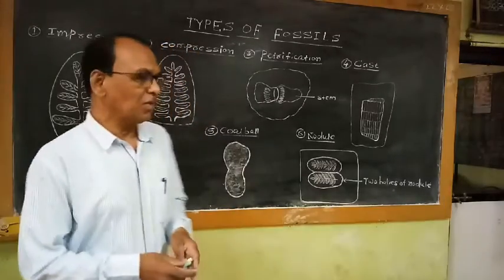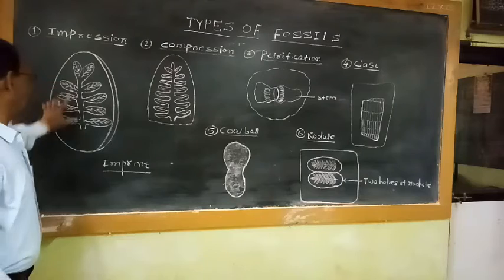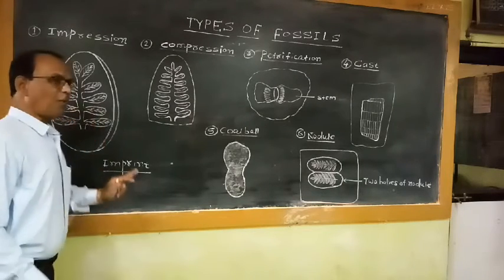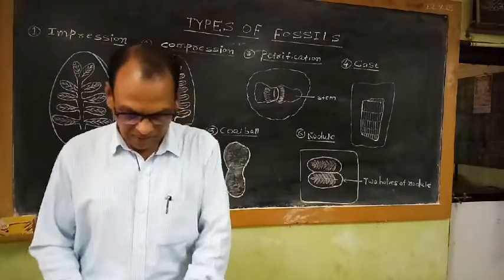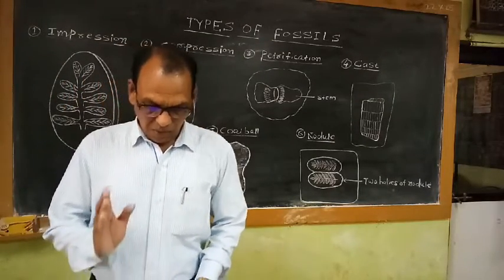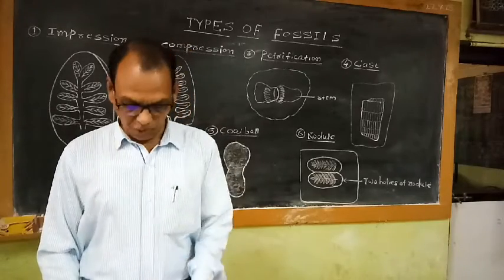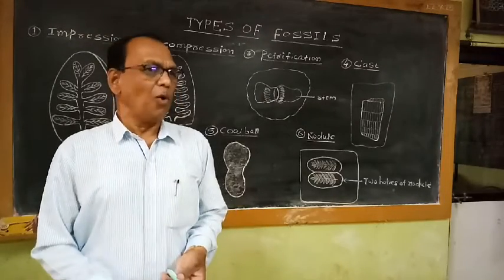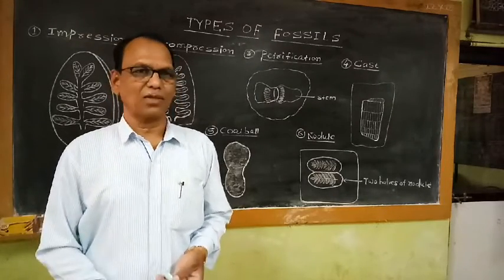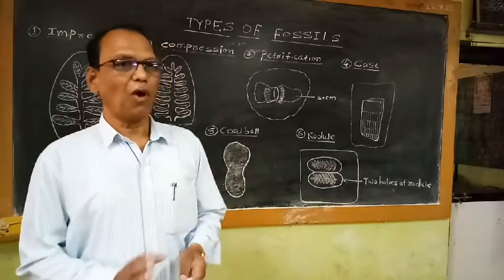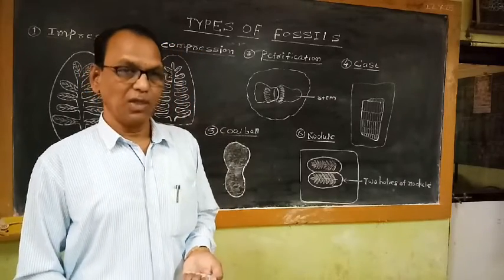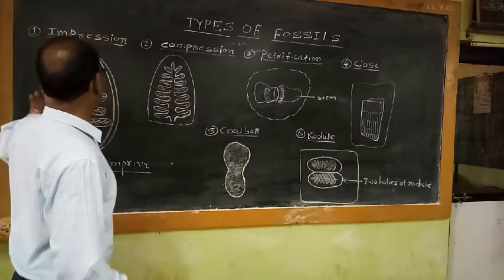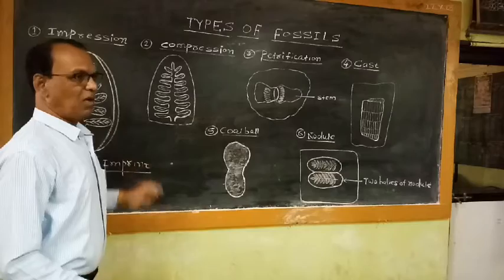So the leaf impression fossil here in the diagram shows the shape of the leaf, then the type of veins or venation in the leaf, etc. So impression types of fossils are generally useful for the study of external characters of the ancient plants, which are preserved in the form of imprints in the sedimentary rocks. During the process of fossilization, such types of fossils are recorded or reported.